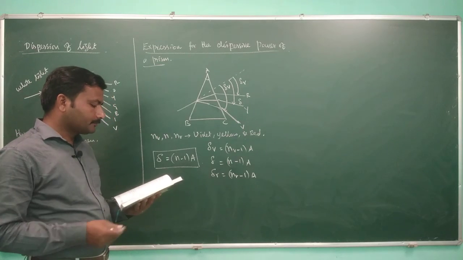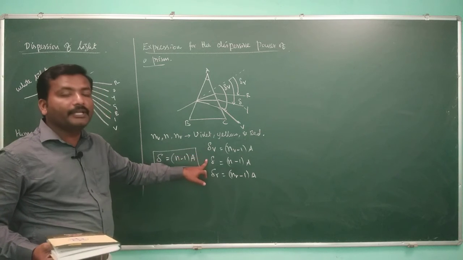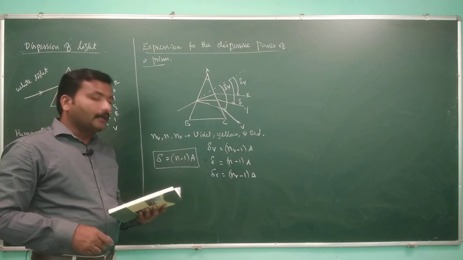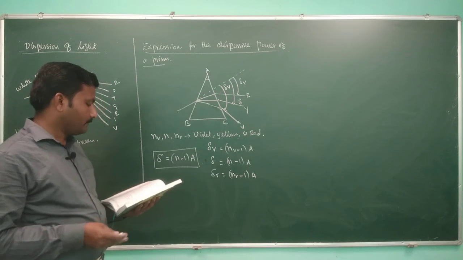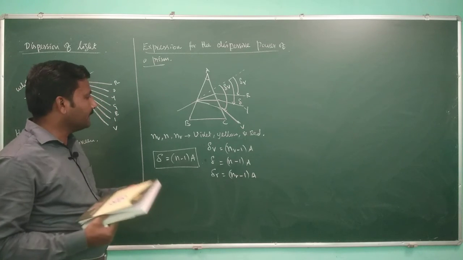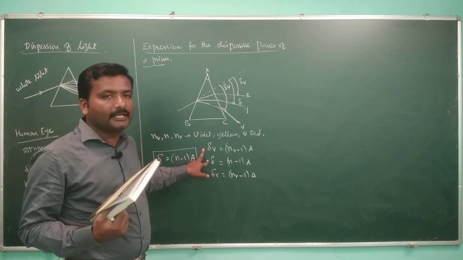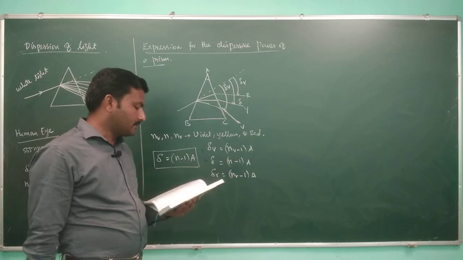Now, the difference in the angles of deviation of any 2 colors is said to be the angular dispersion between the 2 colors. Let me repeat again: the difference between the angles of deviation of any 2 colors is the angular dispersion of these 2 colors.